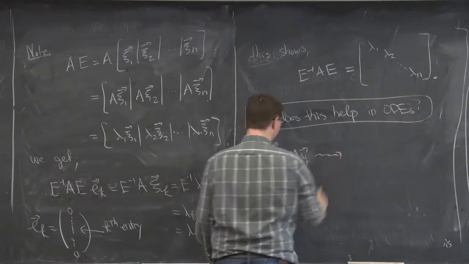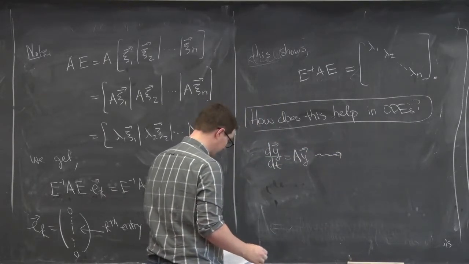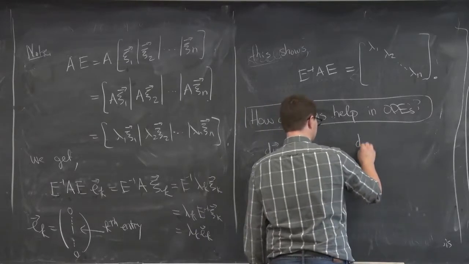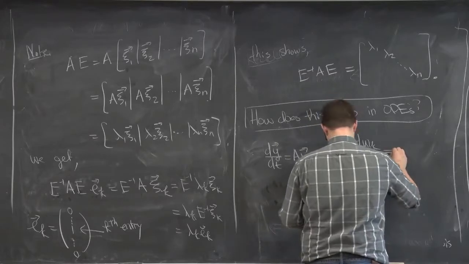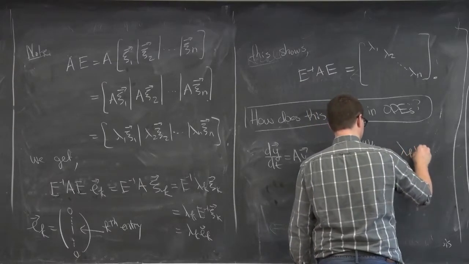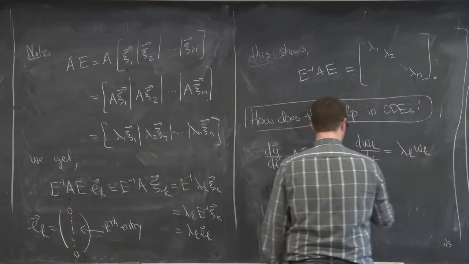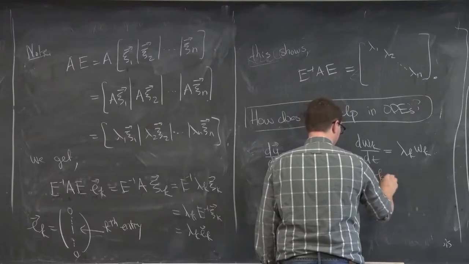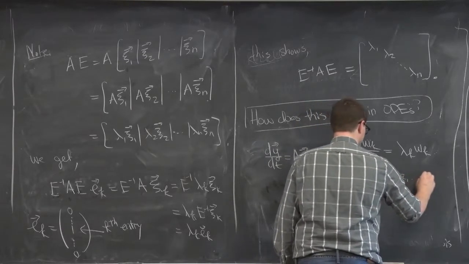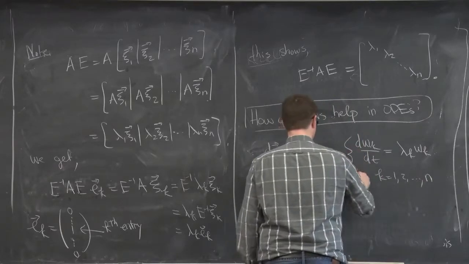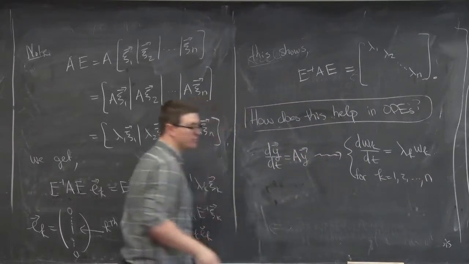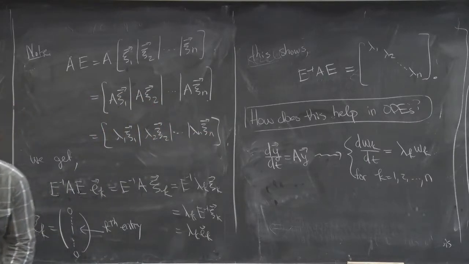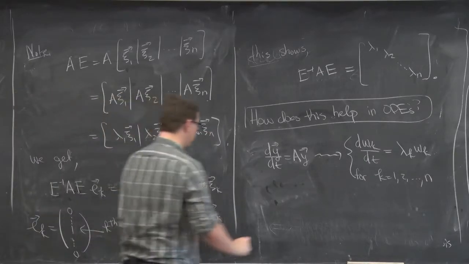This will convert to a system of differential equations, dw_k/dt is equal to lambda_k w_k, for k equal to 1, 2, up to n. The diagonalization process is going to convert this to a system of differential equations. So how do we do this?